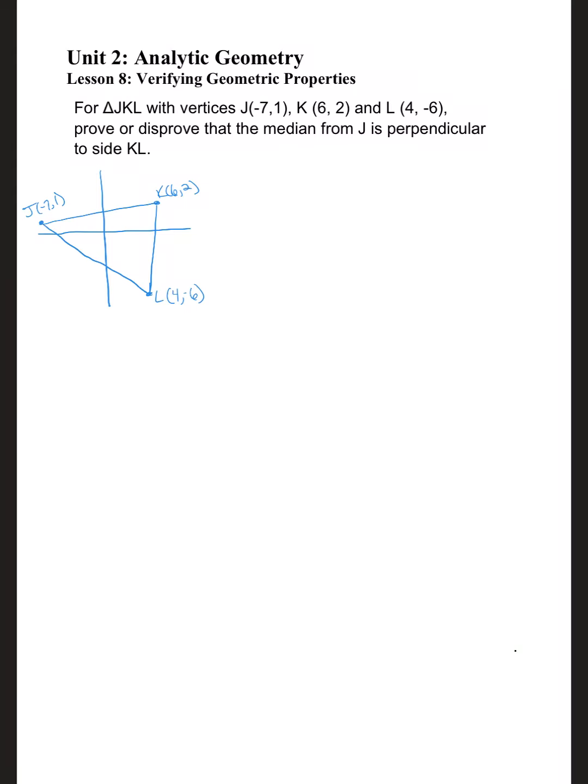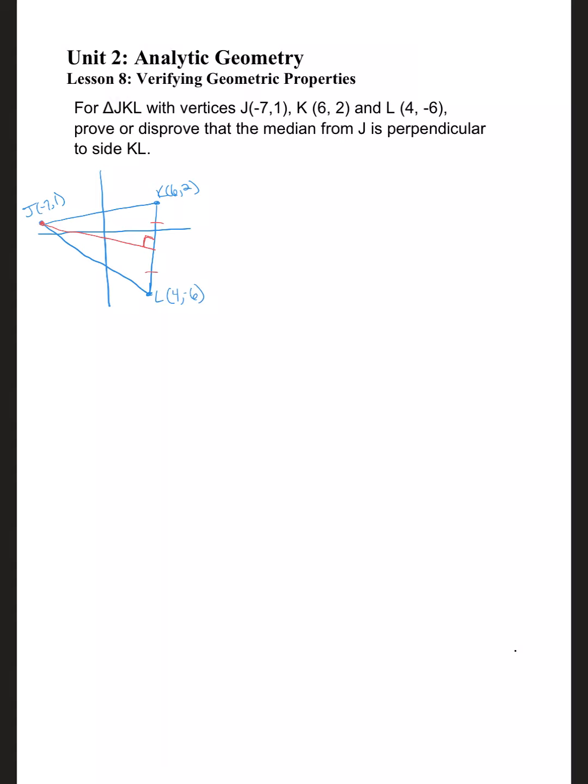Okay, it says prove or disprove that the median from J, so from here, is perpendicular to side KL. So they're saying we have to prove that if we were to draw a median, remember a median cuts the line it's meeting in half, and they want us to prove that it's also perpendicular.